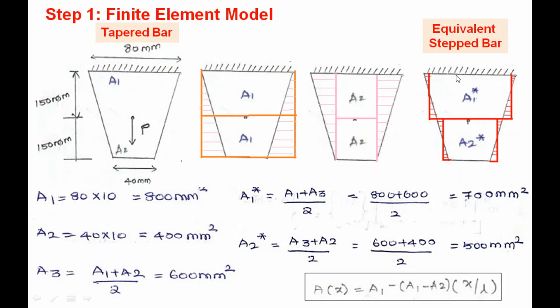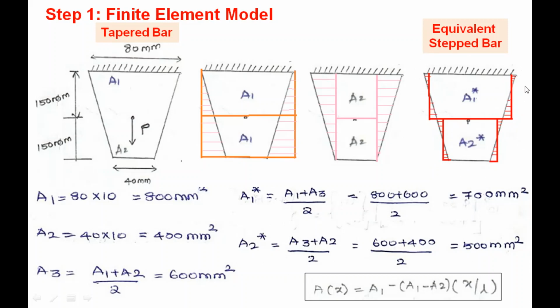This average comes to around 700 mm square. In the finite element model, for the first element we take the area of cross section as A1 star. Similarly, for the second part, we take the area of cross section as the average of A3 and A2. This is A2 star, which is calculated as 500 mm square.